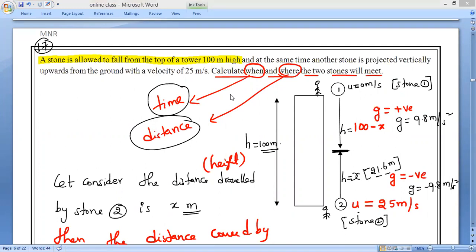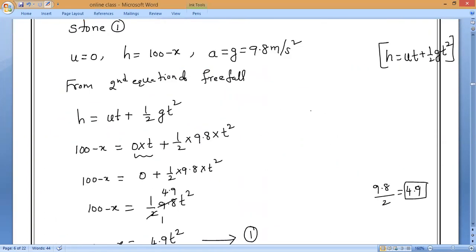Yes, Mr. Omar? Okay. Yeah, Arun Kailash. Those who solve this method, you can solve. Assume above is x and below is 100 minus x and you solve. Arun, understand? Sir, if we take above as x and below as 100 minus x, is the answer also the same, sir?